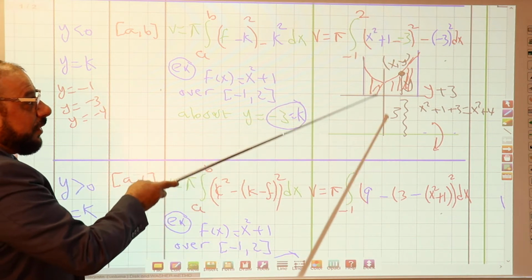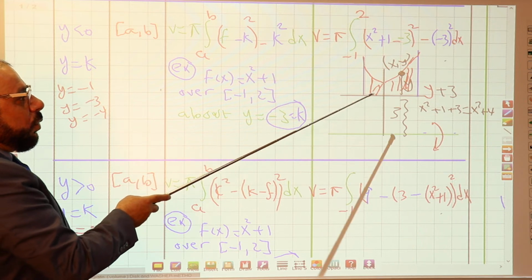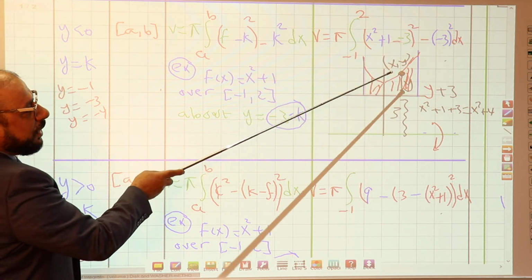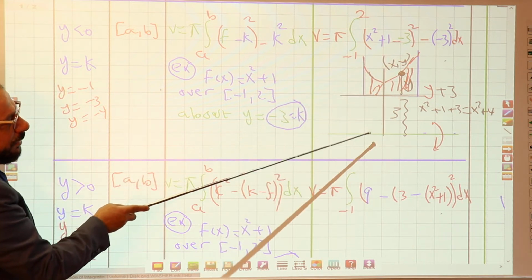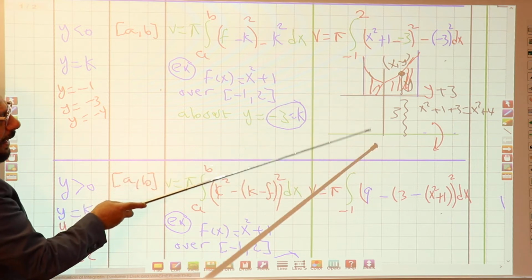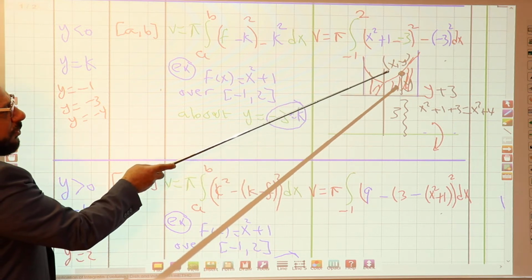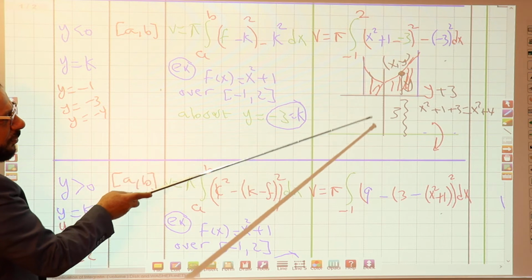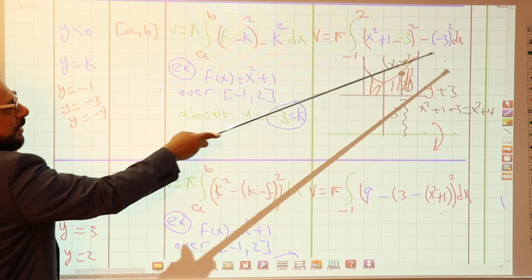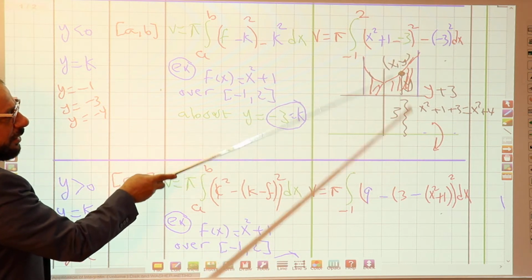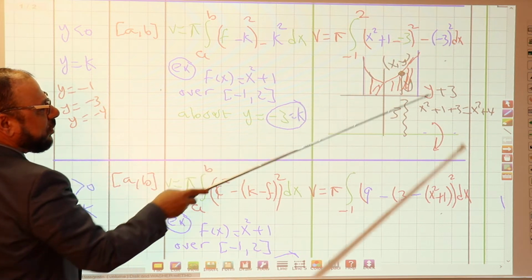If you want to graph it, you can graph and see it. This radius from here to here is very big, and I don't need all this area, I need only this one. So you take x squared plus 4, the outer radius, minus the 3 squared, the extra piece we don't need. The negative disappears with the square.